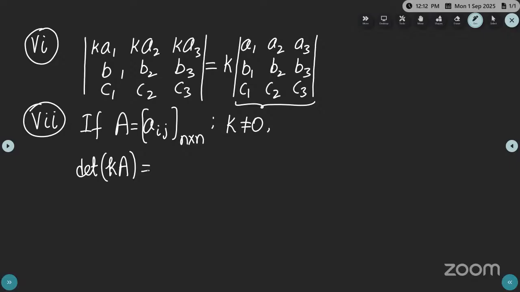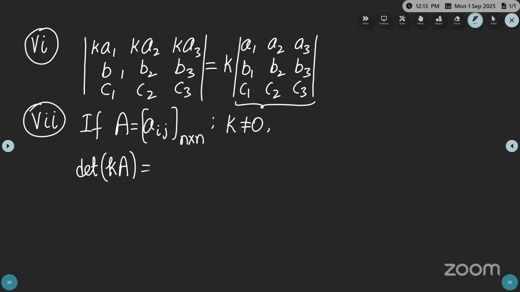How many rows are in A? N rows. If you multiply k to any one row, then the value of the newly obtained determinant is k times. Now here there are n rows, each row multiplied by k.